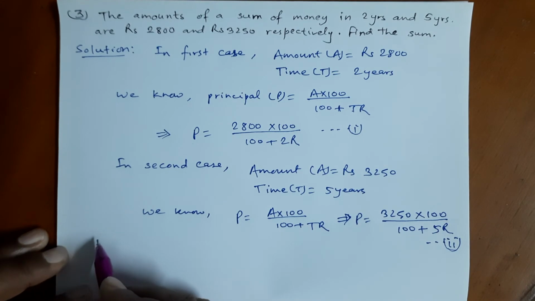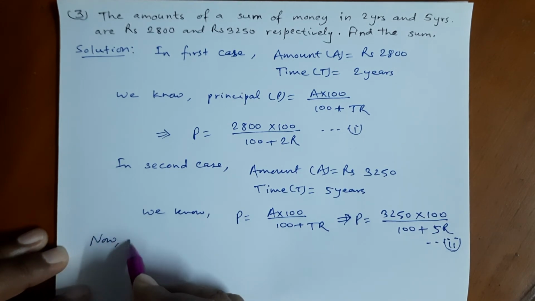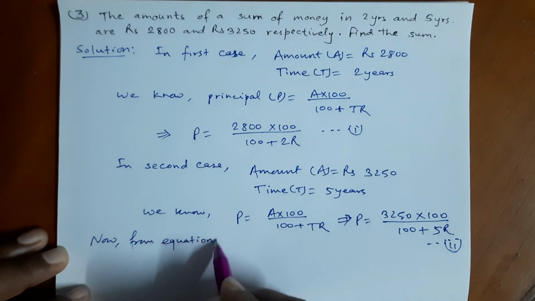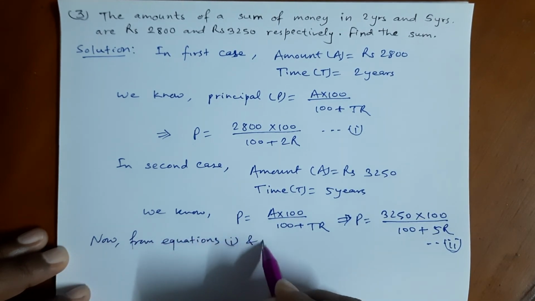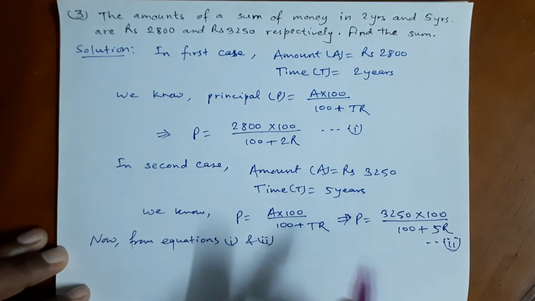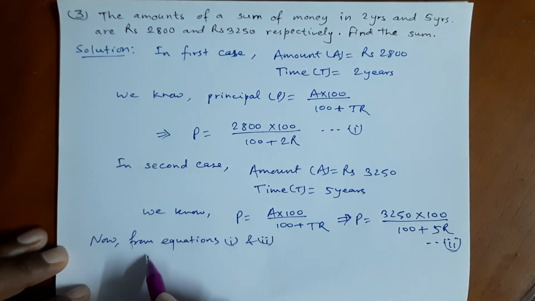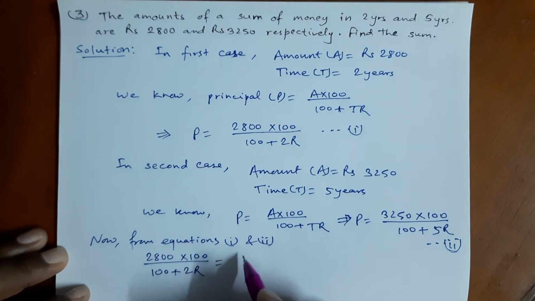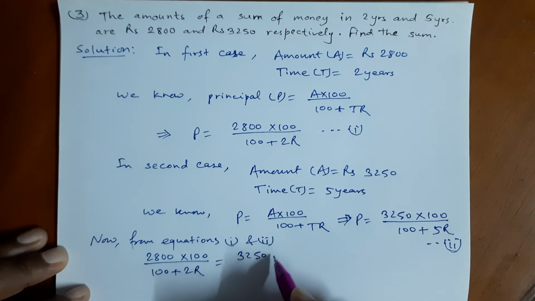Now from equations 1 and 2, we will solve. 2800 times 100 over 100 plus 2R equals 3250 times 100 over 100 plus 5R.